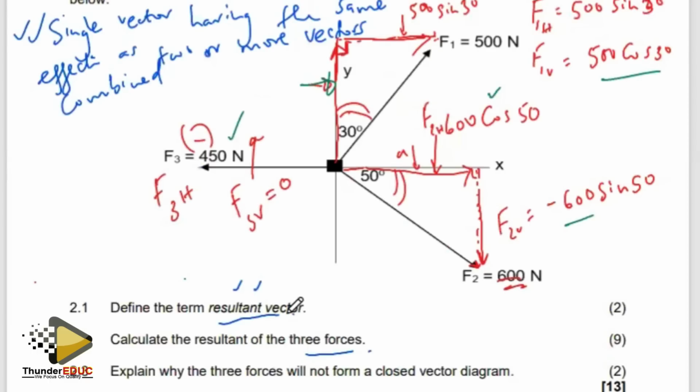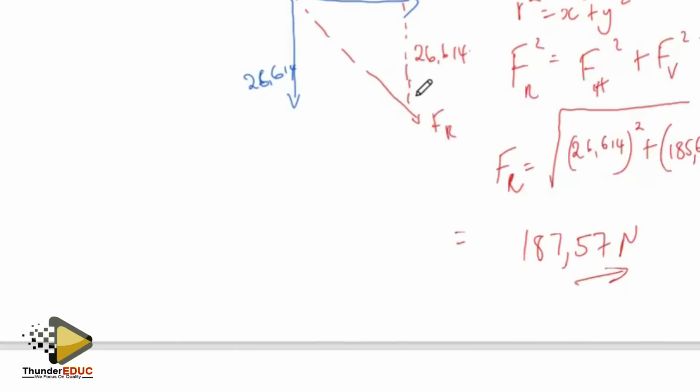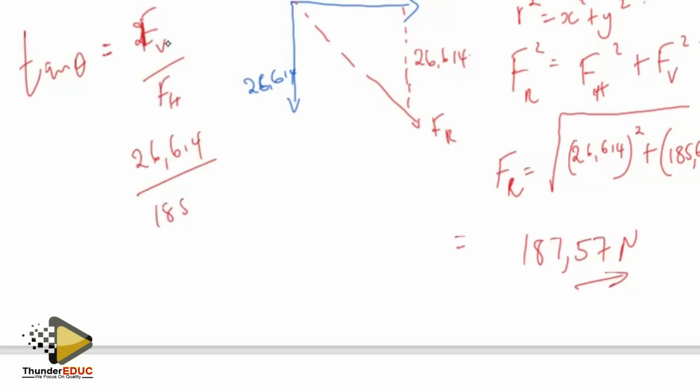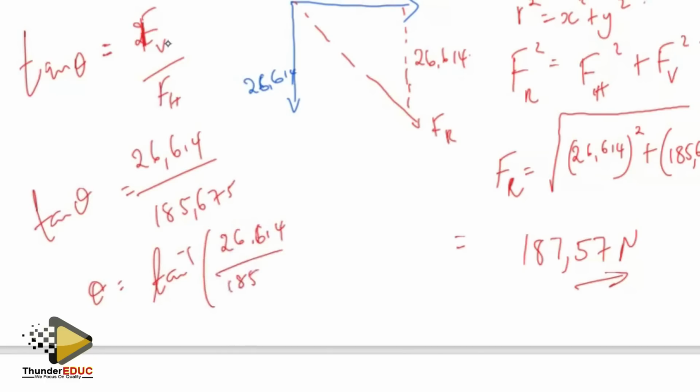Then we need to give the direction as well. So for us to get the direction, remember our tan theta must be the opposite over the adjacent. So our opposite is 26.614, or the vertical. So normally I say vertical over horizontal, which is 26.614 over 185.675 is equal to the tan of theta. For us to get the theta, it will be the shift tan or the arc tan of this result.